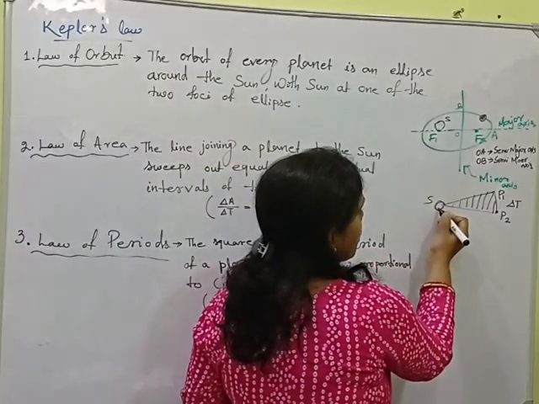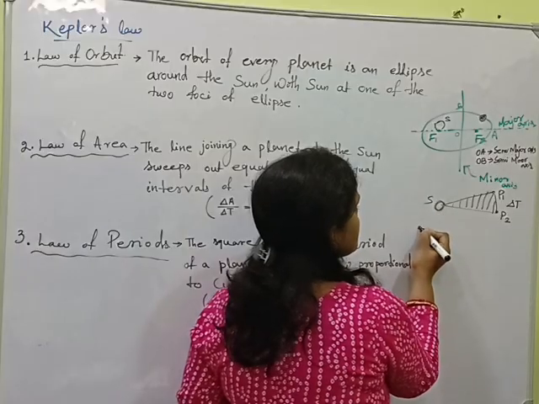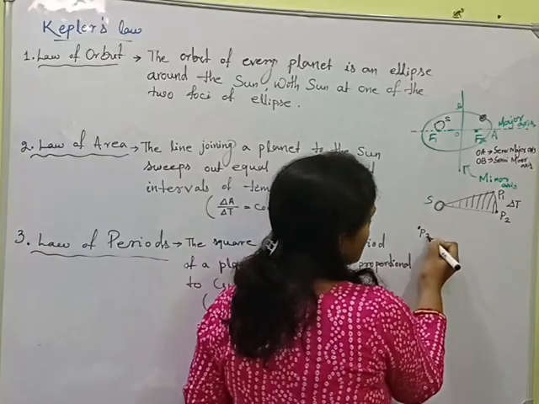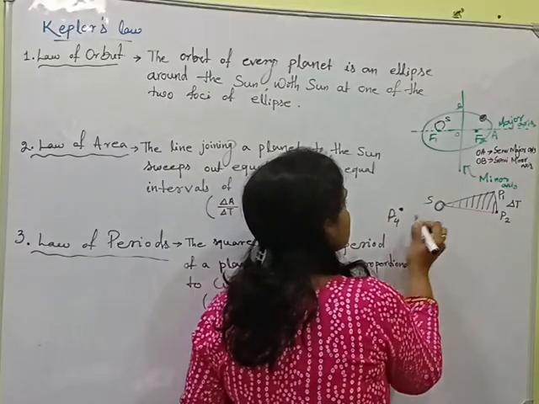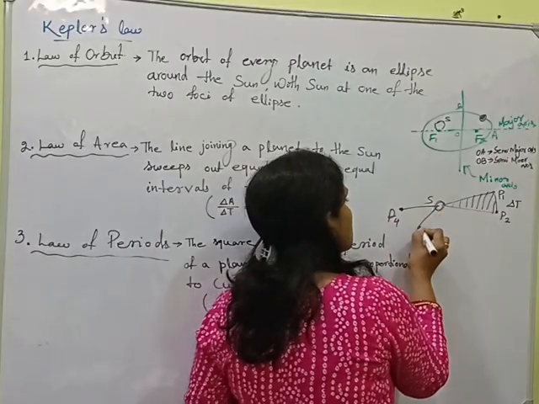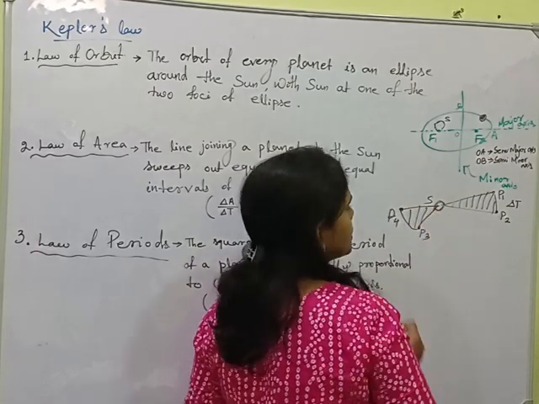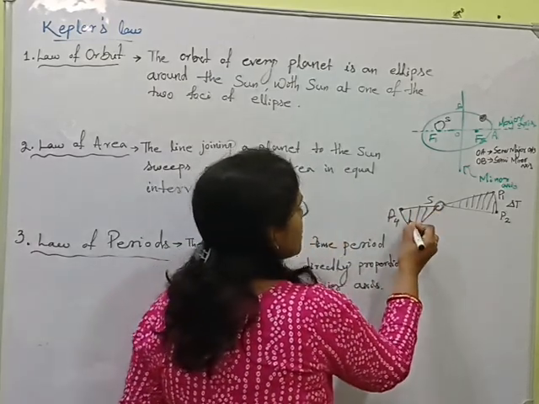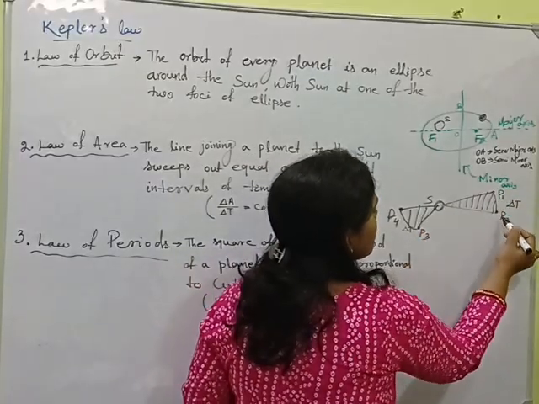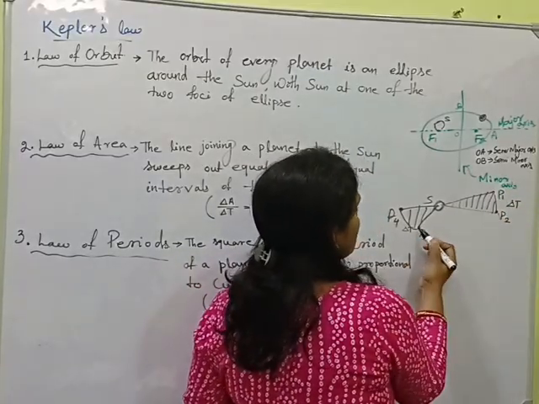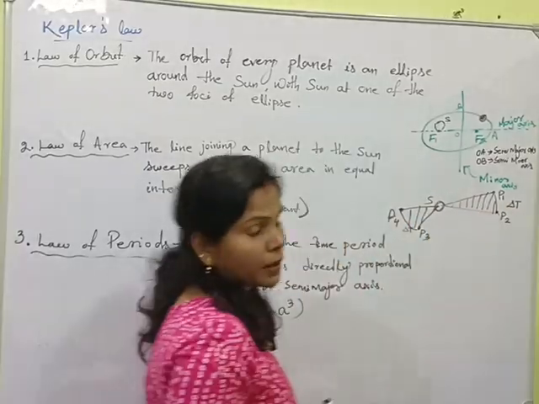Similarly, if we observe the same planet at two other points, let's take P3 and P4, and trace it like this, this is the area covered. Now, in the same time delta t, if the planet moves from P1 to P2 or from P3 to P4, the area covered is also equal.